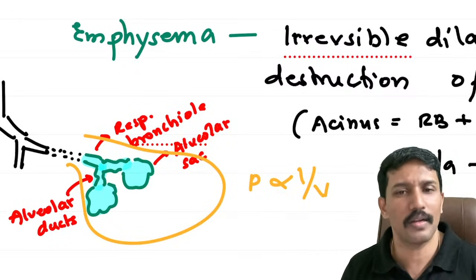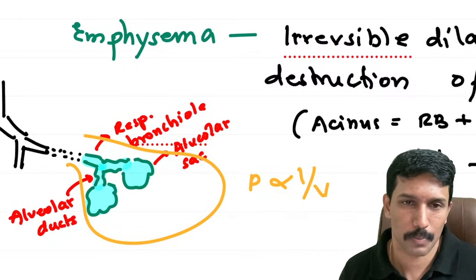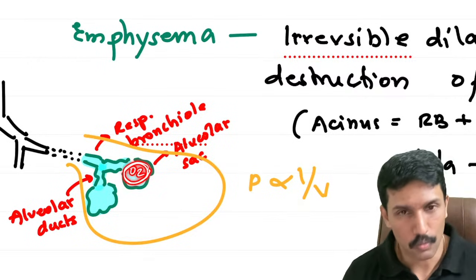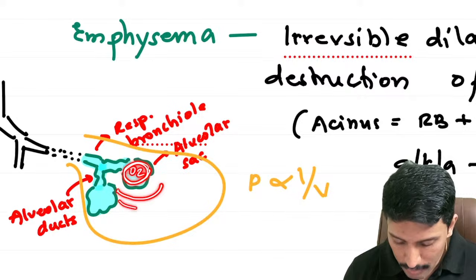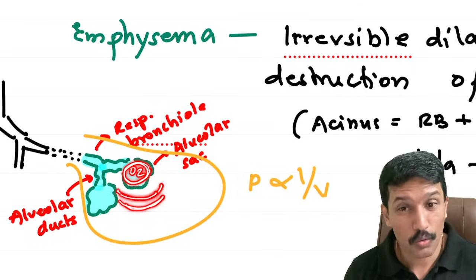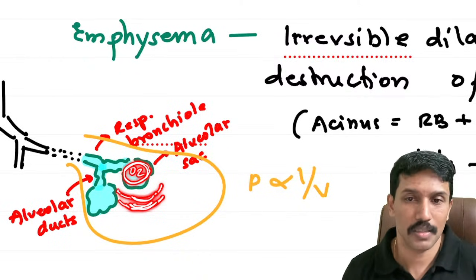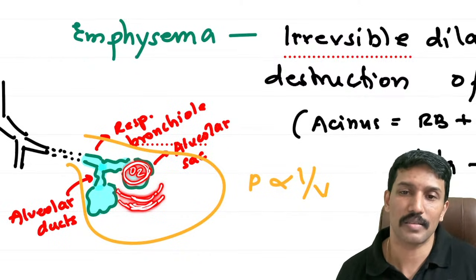So why are we using that term for these patients? As the amount of oxygen reaching the alveoli comes down, the pulmonary capillaries, which are there to receive this oxygen, go into constriction. Because of the constriction, pressure behind this increases.